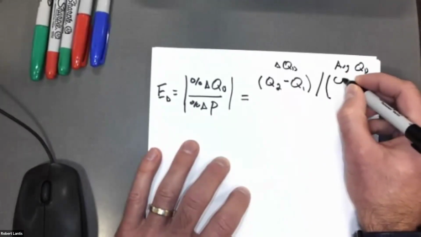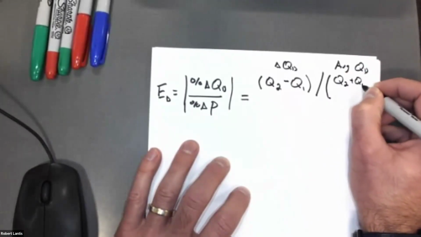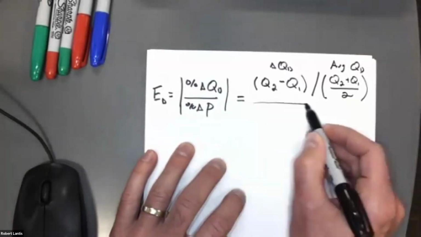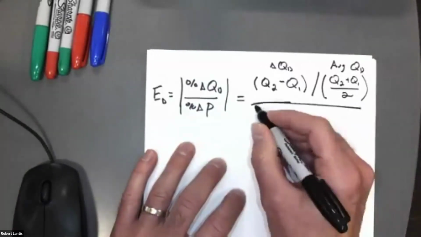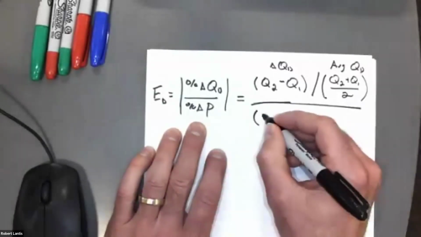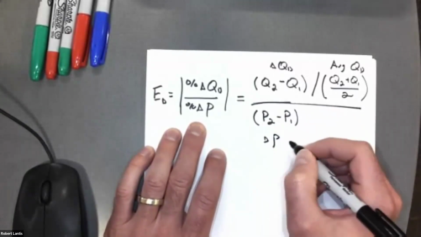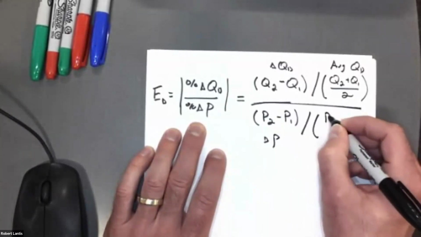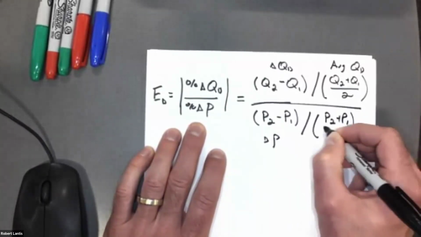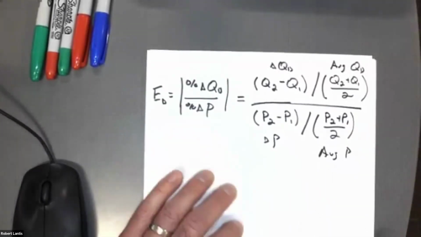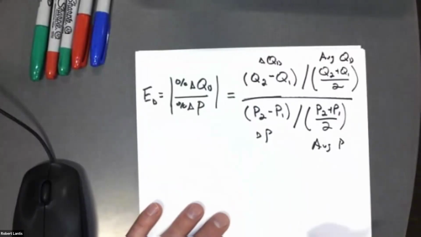The average of two numbers is simply adding them up and dividing by 2. I would do the exact same thing for my denominator. I take the change in price and divide it by the average of those two prices. So this is our general form of the midpoint method to calculate the price elasticity of demand.